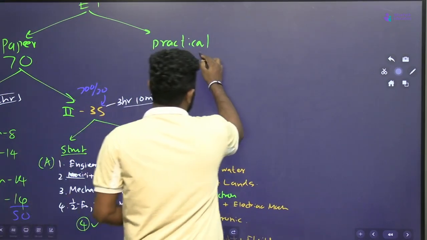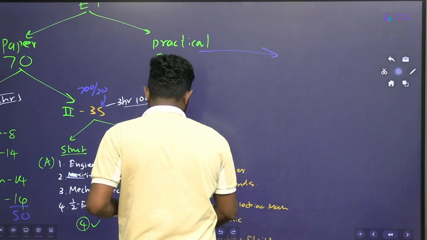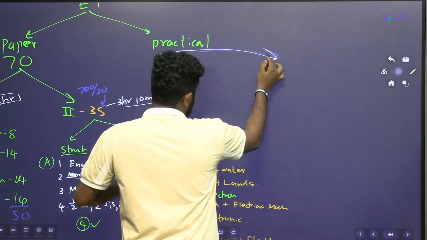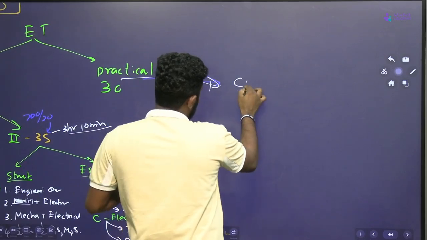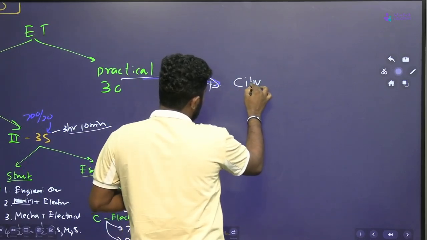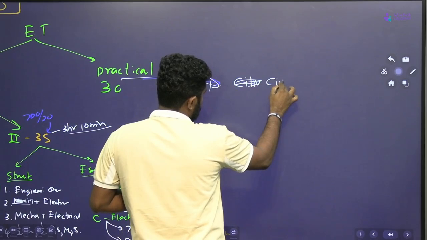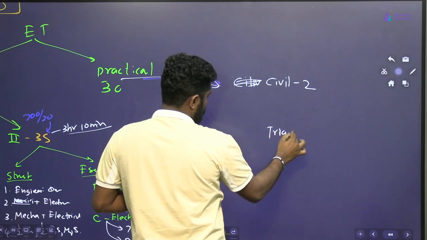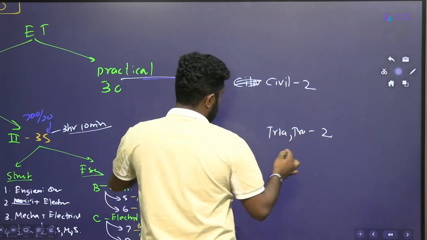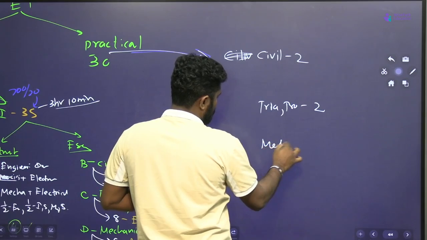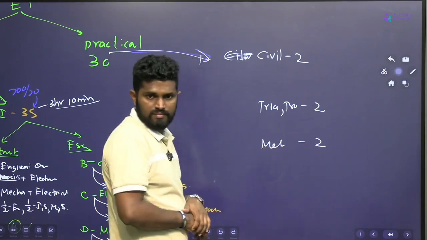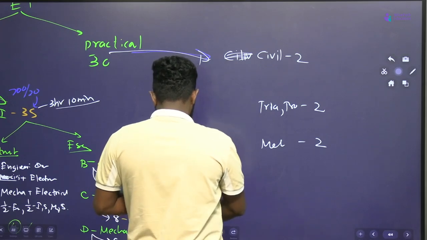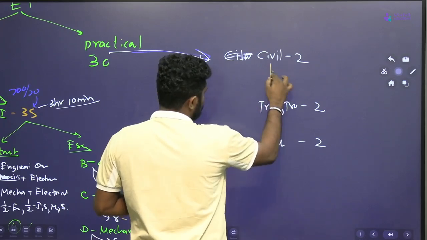How do we collect the 30 marks? That's like your paper, guys. The paper is divided in the same way. There are two civil questions, two civil practicals. Two electrical and electronic practicals. Then two mechanical practicals, guys.